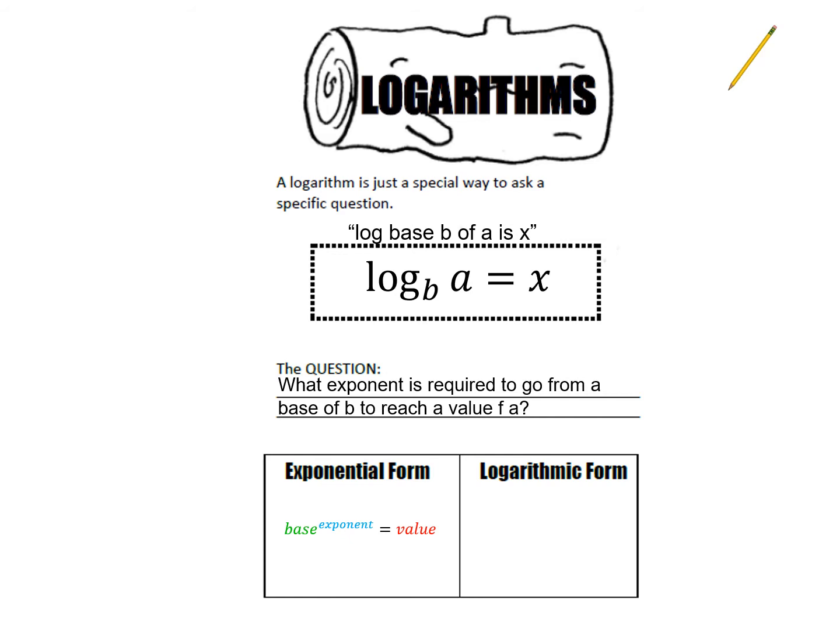Okay, the exponent actually jumps to the other side of the equation, and the value comes to the other side as well. So the value and the exponent almost change places, but the base still becomes the b value. So again, this is just really good to get good notes written down exactly as you see them on the screen, because in the next couple screens we'll do examples to help you better understand how we convert back and forth.